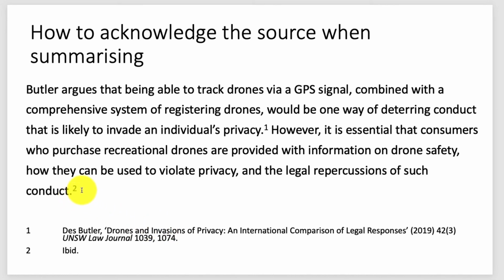At the end of the second sentence, the student also notes again that some of this summarizes key concepts in Butler's work. So there's another footnote and again a separate footnote in the source. Now again, because it's the identical source to the immediately preceding footnote, we can use IBID, but if it were a different journal article, then you'd need to provide the full citation here as well.